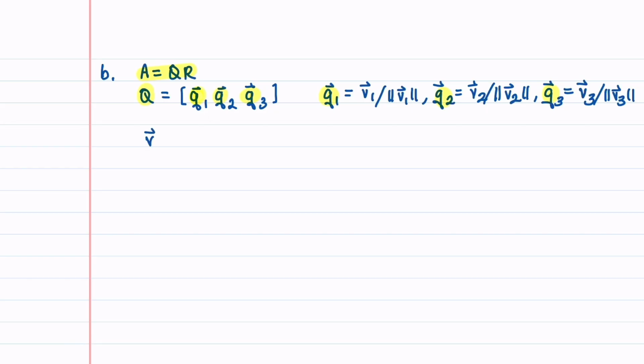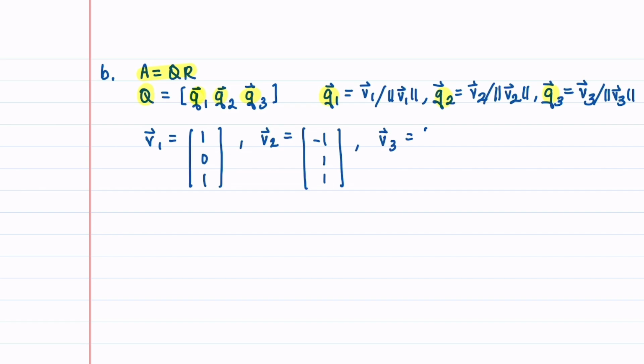Our V1 was equal to 1, 0, 1. Our V2 was equal to minus 1, 1, 1. And then our V3 was equal to 2/3, 4/3, and minus 2/3.